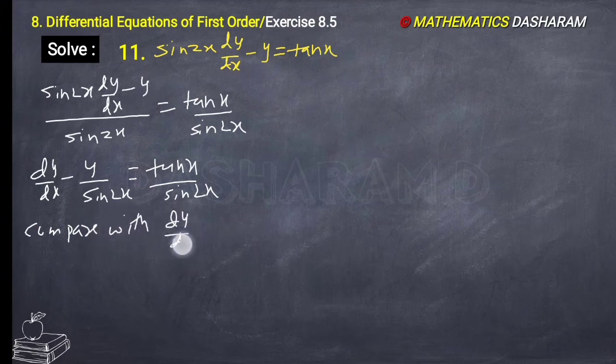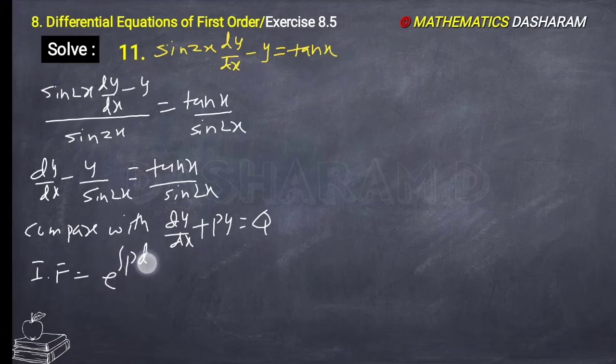Now let's compare with dy by dx plus p into y equals q, and find the integrating factor, e to the power of integration of p dx, where the p value is minus 1 by sin 2x.